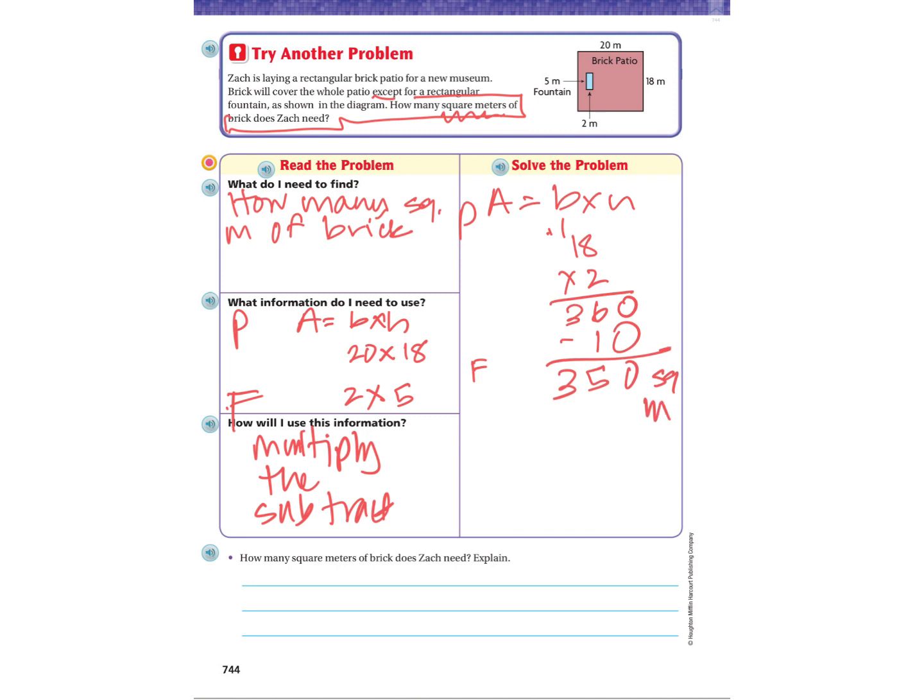Good job. Okay, how many square meters of brick does Zach need? He needs 350 square meters of brick.